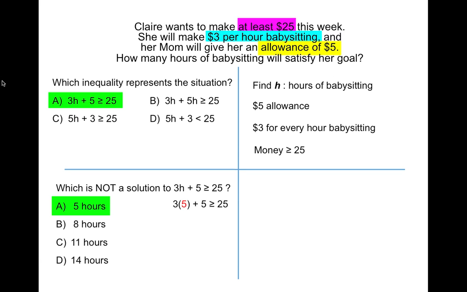If we substitute in a 5, well, 15 plus 5 is 20, and 20 is not greater than 25. However, if we substitute in the 8, 3 times 8 is 24, and 24 plus 5 is 29. 29 is greater than 25. So we have an idea before we start solving that the minimum number of hours will be somewhere between 5 and 8.